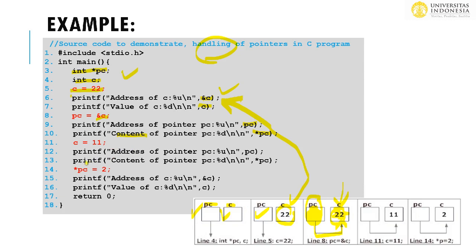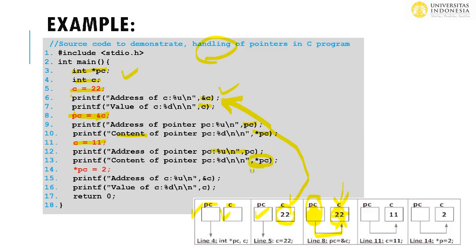Okay, now you change C, before it was 22, now it becomes 11, and then you have the same instruction. If you want to print the address of C, which is already defined here, PC is equal to the address of C. Of course the location will be the same as the previous instruction, but now the content is different.